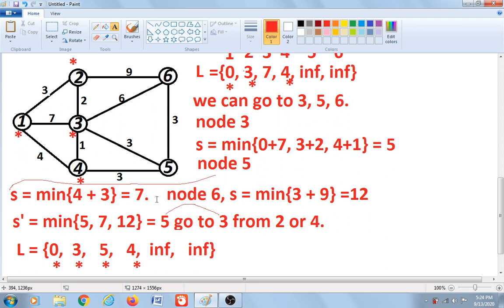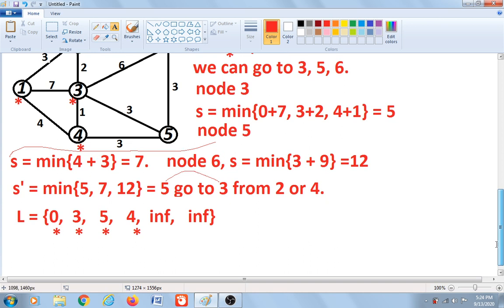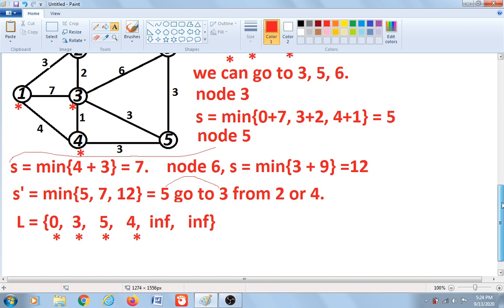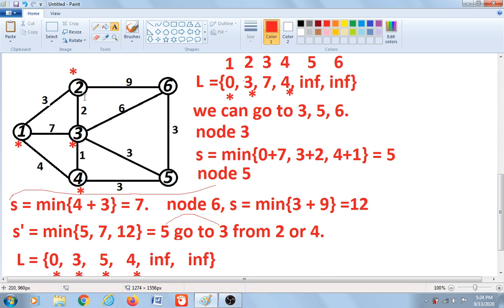Go to node number 5. Here the value of the minimum is 7, so now we can go there. So we put infinity when we cannot go there directly, but now we can go there directly from node number 2 and from node number 4.